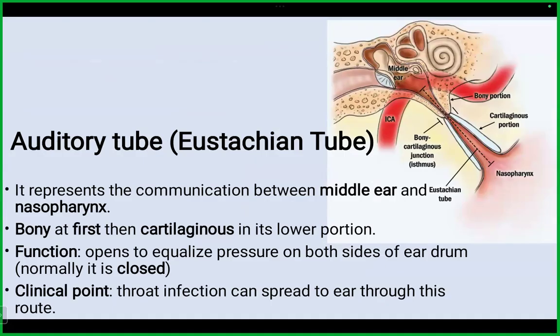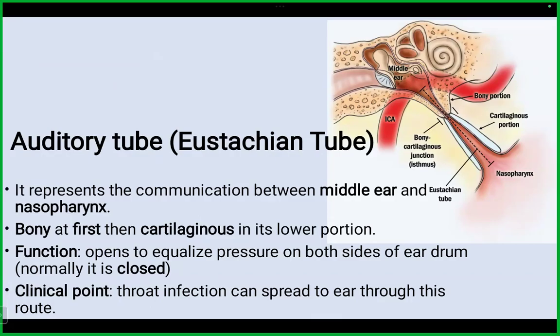Another important part of the ear is the auditory tube, which is the eustachian tube. It represents the communication between the middle ear and the nasopharynx. It is bony at first, then cartilaginous in its lower portion. The function of the eustachian tube is to open to equalize the pressure on both sides of the eardrum.